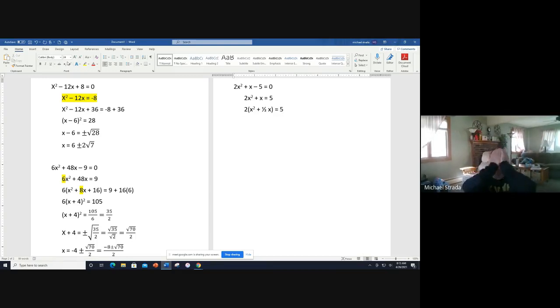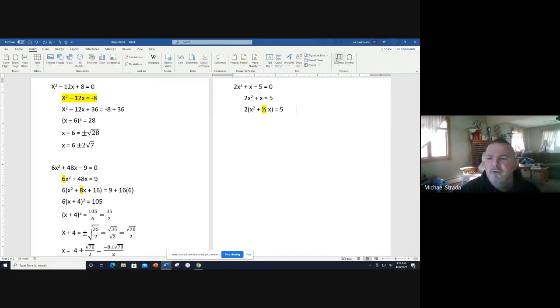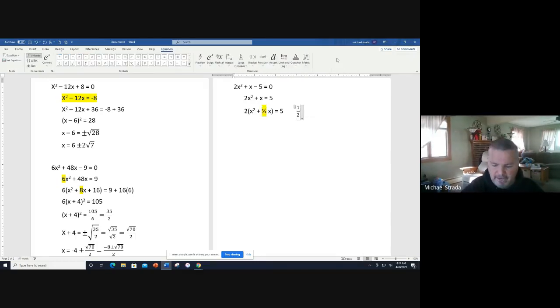Now we're going to complete the square. Basically what we're going to do is divide 1/2, which is our b, by 2 and then square that. So 1/2 divided by 2 equals 1/4.